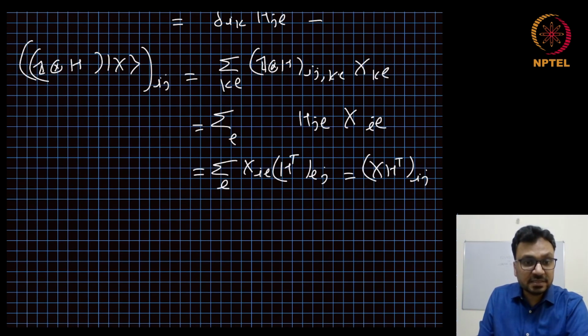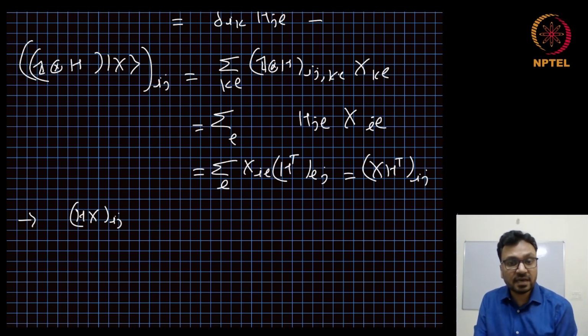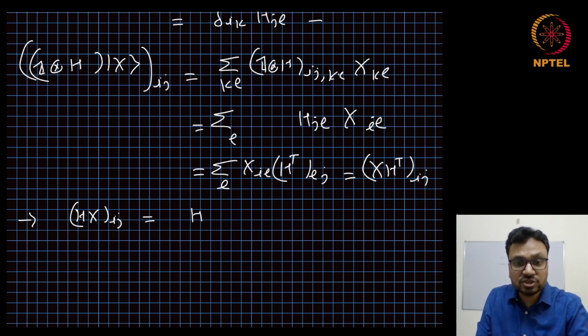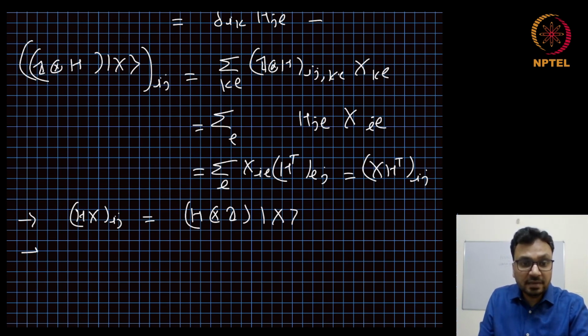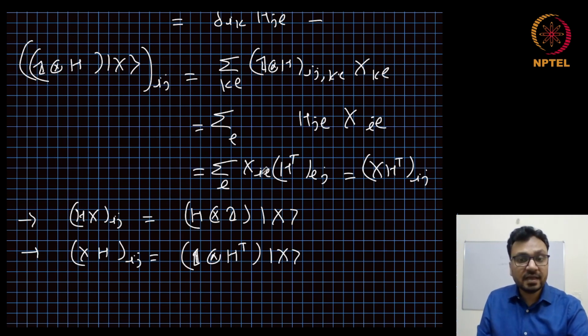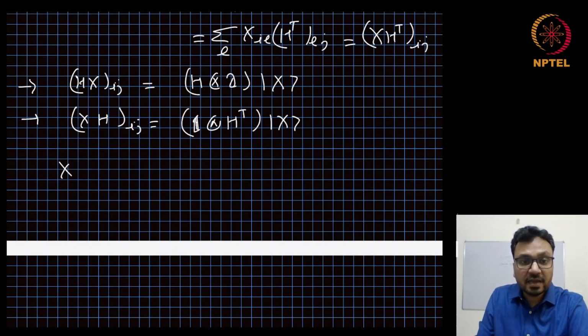So what we have established here is if we have matrices H and X, H times X_ij can be written as H tensor identity acting on the vector X, and X H_ij element can be written as identity tensor H transpose acting on X.